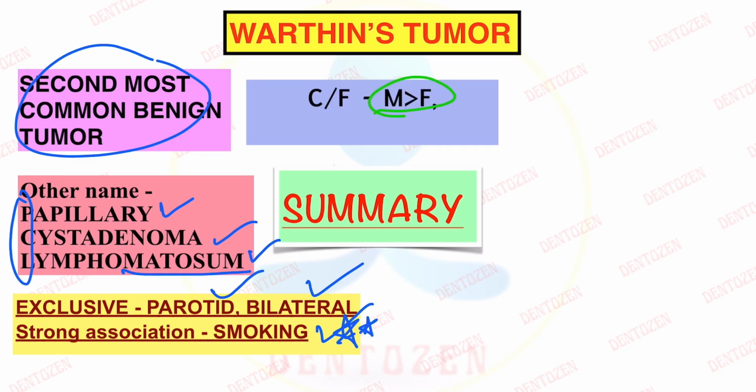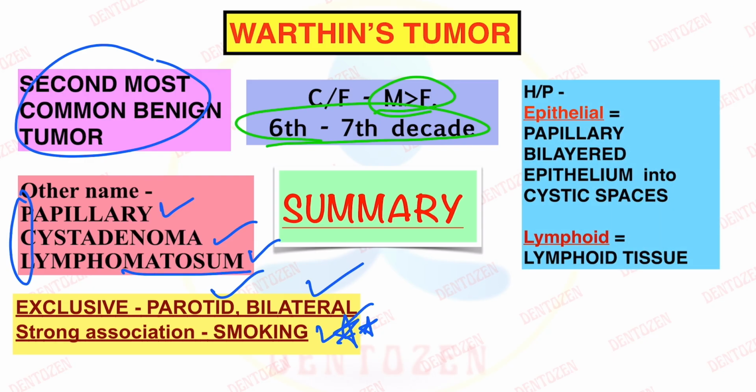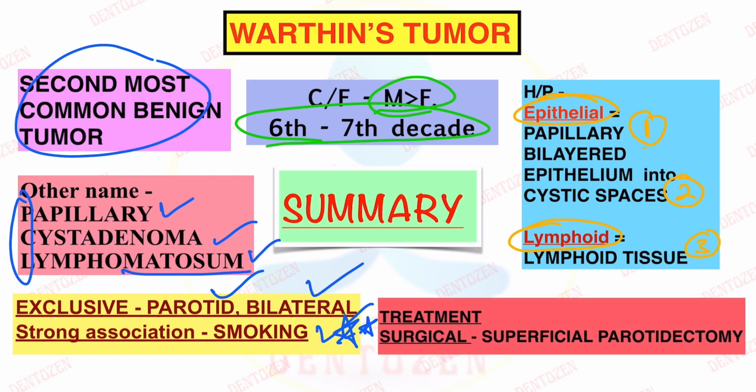More commonly seen in males than females, in the 6th to 7th decade of life. Histopathologically, two important components are there: epithelial component and lymphoid component. The epithelial component forms the papillary projections, bilayered epithelium into the cystic spaces, and the lymphoid tissue is the lymphoid component. Treatment is surgical superficial parotidectomy.